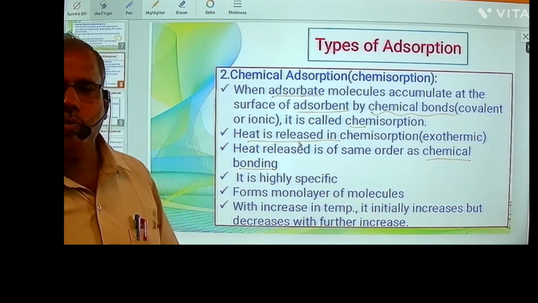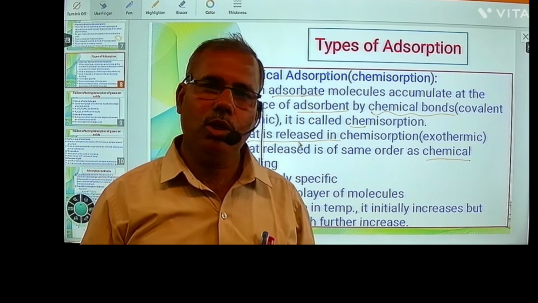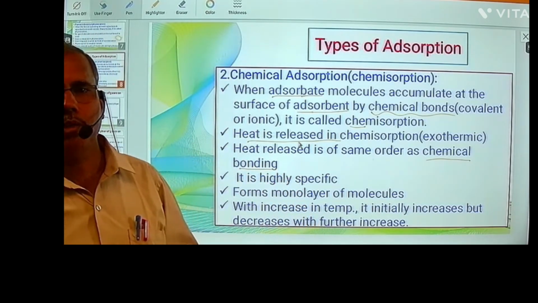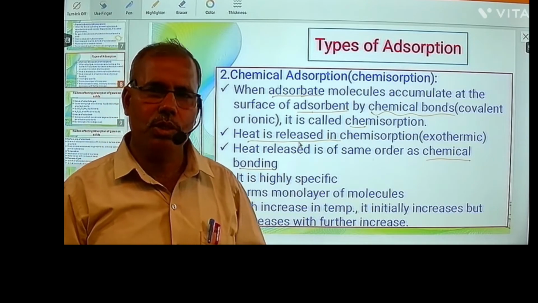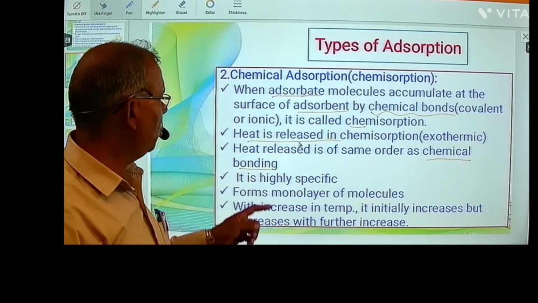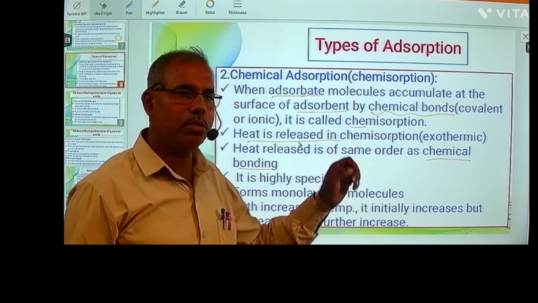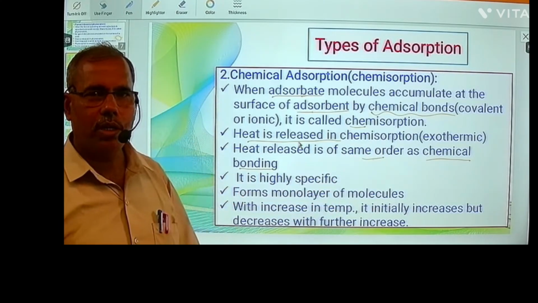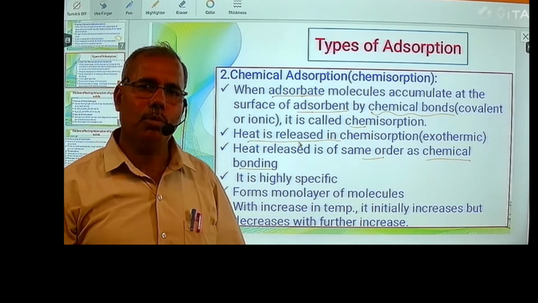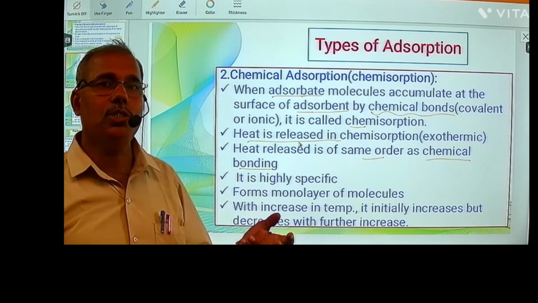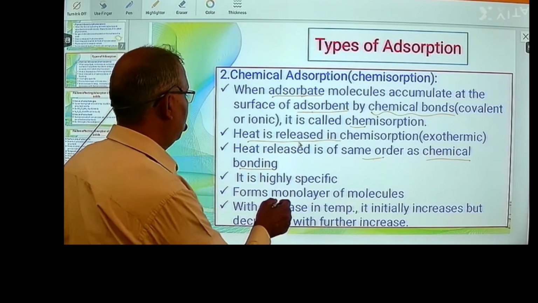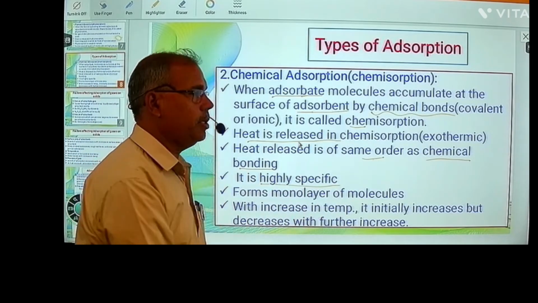Now because the forces acting in between the surface molecules of adsorbent and the molecules of adsorbate are chemical forces, chemical bonds, therefore the heat evolved or heat released will be same as the chemical bonding. So whatever heat is involved in the process of formation of chemical bond, that much heat is evolved in the chemisorption. Then chemisorption is highly specific.